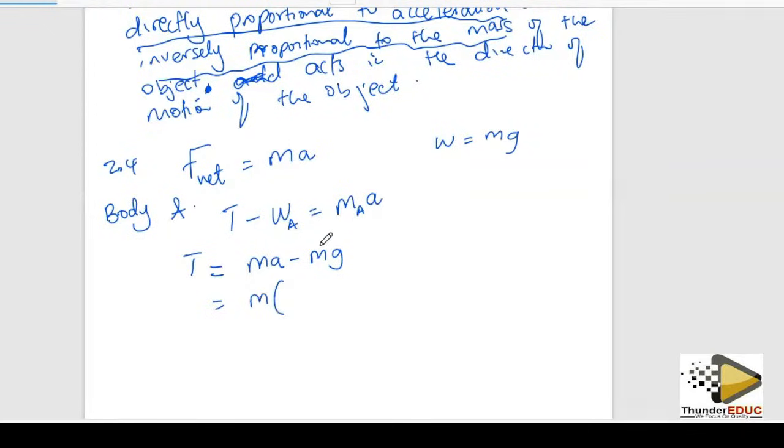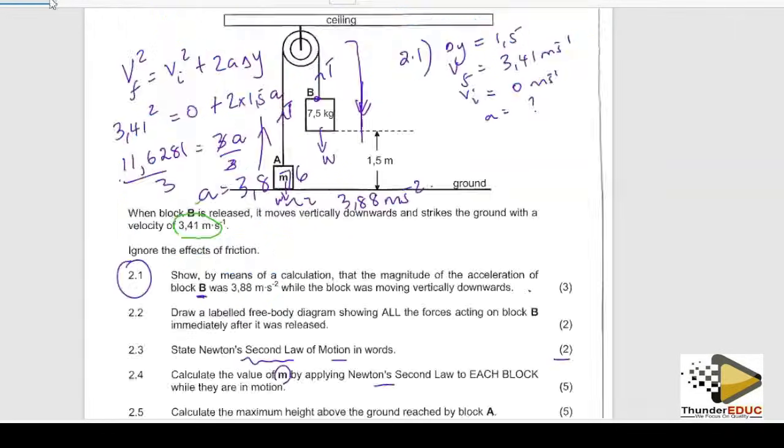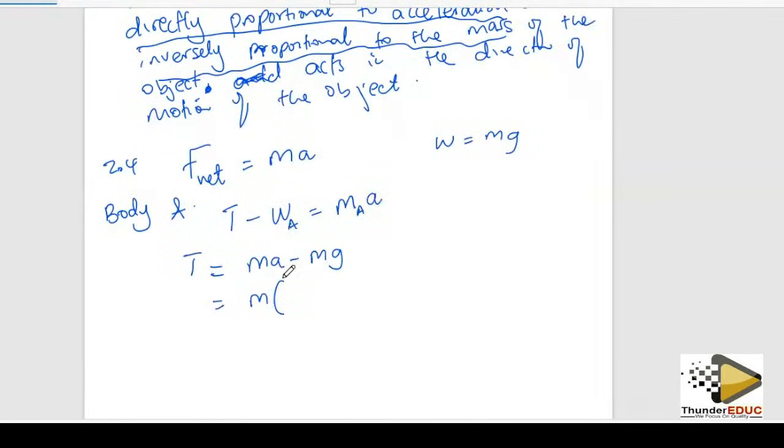I don't know the mass of A. So that's going to be my m, times the acceleration that we got, which was 3,88. When this one moves that side, it's a plus, sorry, it's not a minus. And then that's 9,8.